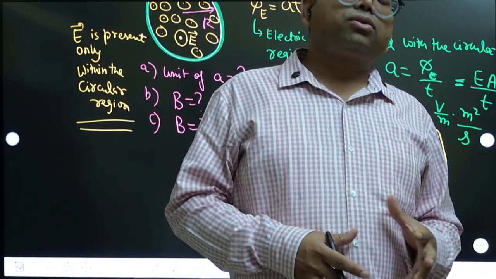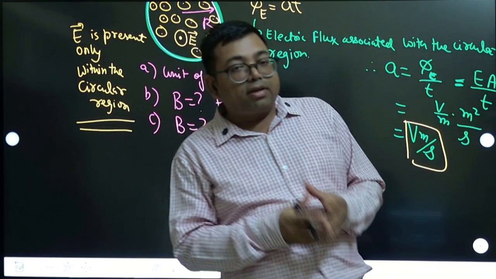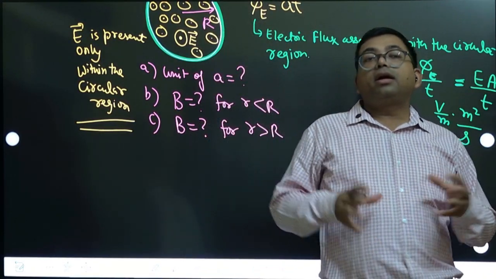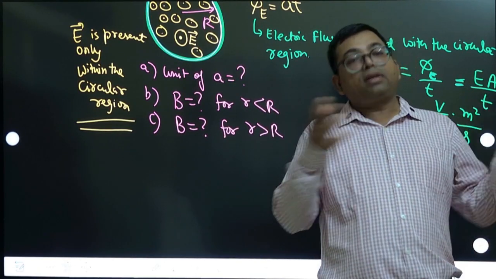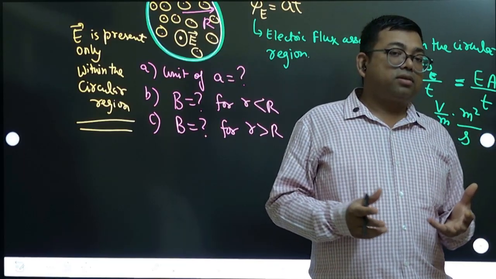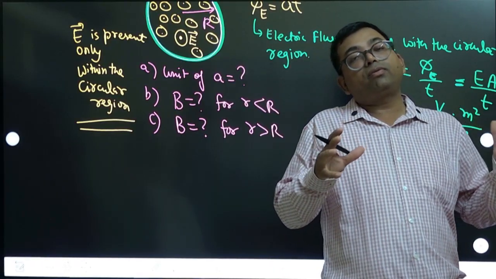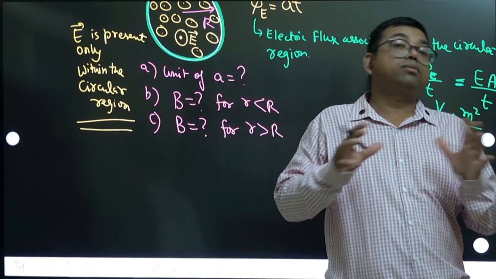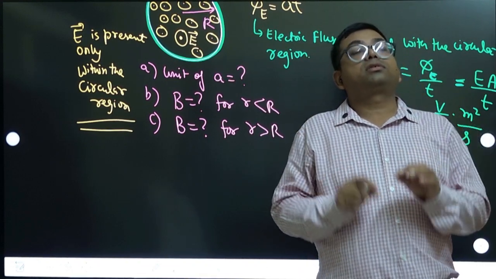Rate of change of electric flux means electric field into area, and if you take a smaller region or a larger region, the calculation will be different. We must make sure that we do this right.